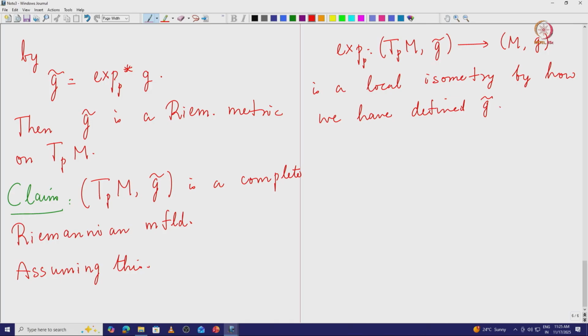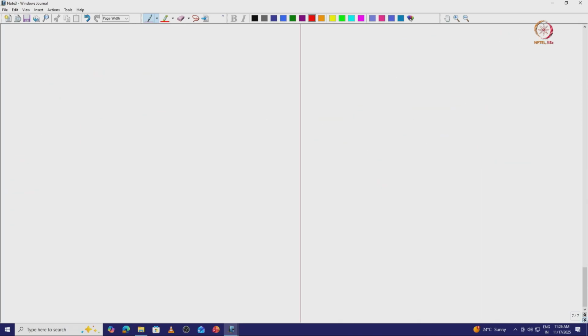So, then the claim plus the fact that this is a local isometry implies by proposition 1, by Ambrose's theorem that we have not yet proved, that the exponential map has to be a covering, and that's what is claimed by the Cartan-Hadamard theorem. So, it all boils down to proving this claim. Let's prove the claim now.